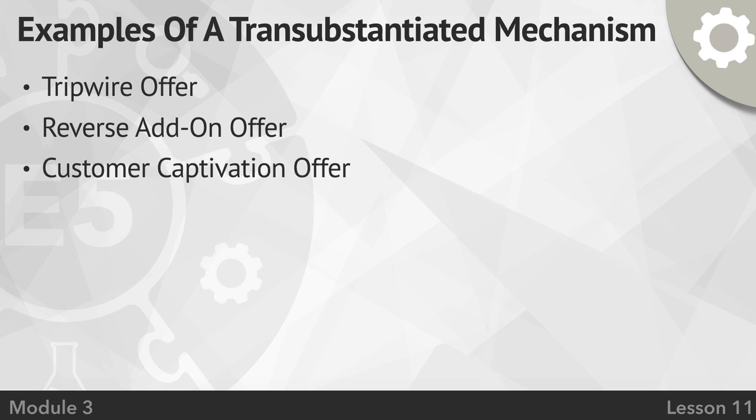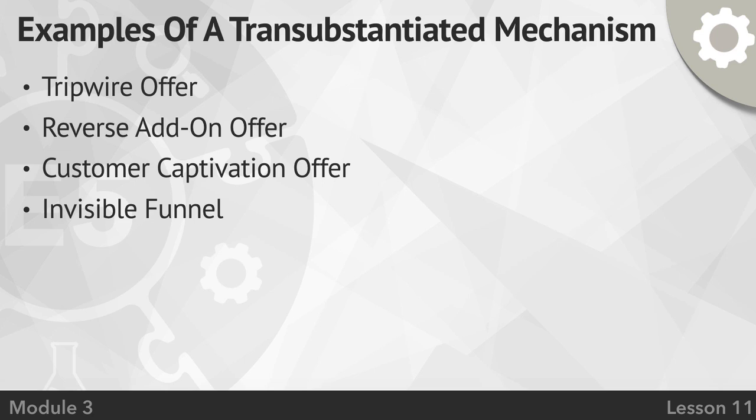And the same thing with our customer captivation offer. It's a type of offer made on the front end as part of our six-figure funnel formula program that is not low price, but is not high price. It's not even mid-tier. And we transubstantiated the ordinary into the extraordinary. Same thing with my buddy Russell Brunson, extremely savvy marketer, extremely savvy entrepreneur. He put together what he called the invisible funnel.